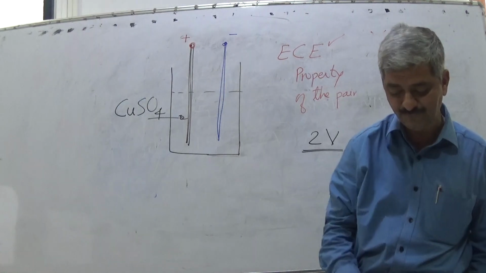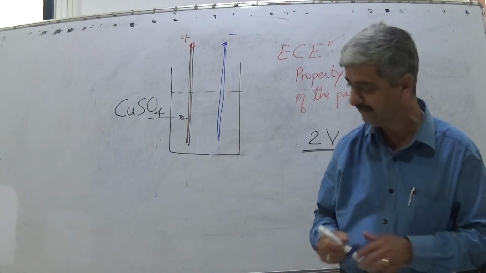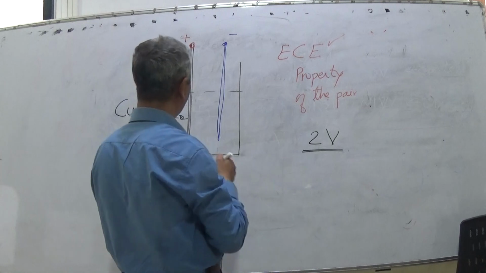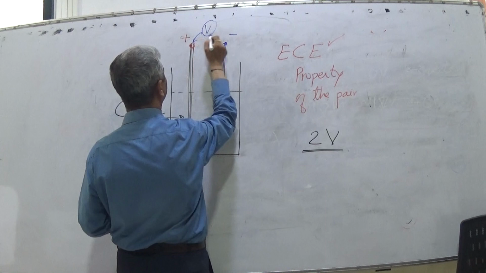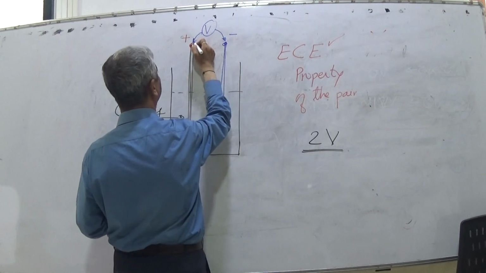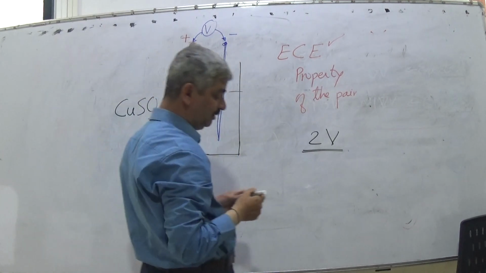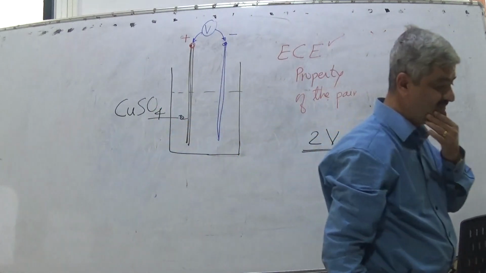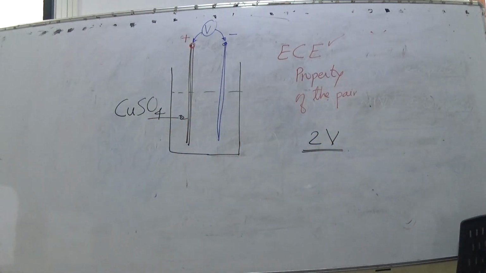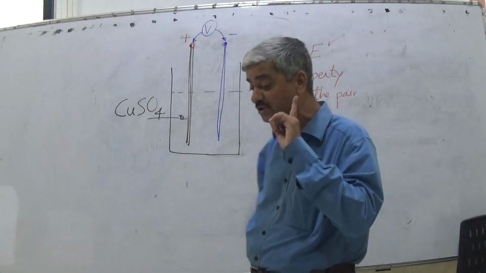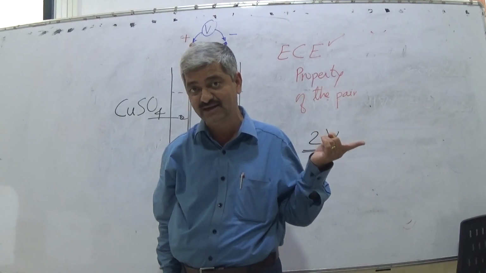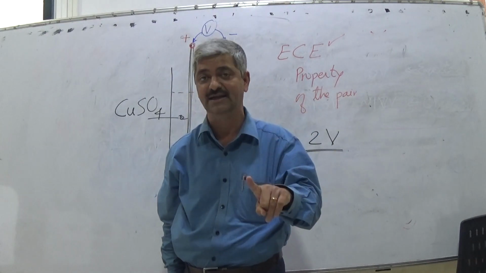If I connect a voltmeter here and here, it will give me 2 volts. And it will always try to be 2 volts. And, most important, it is irrespective of the concentration of electrolyte.